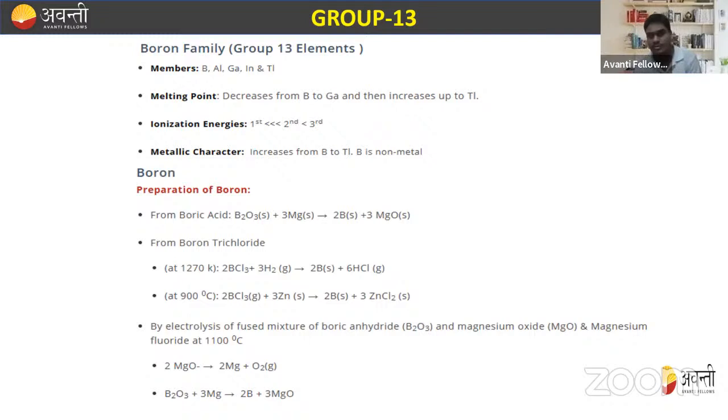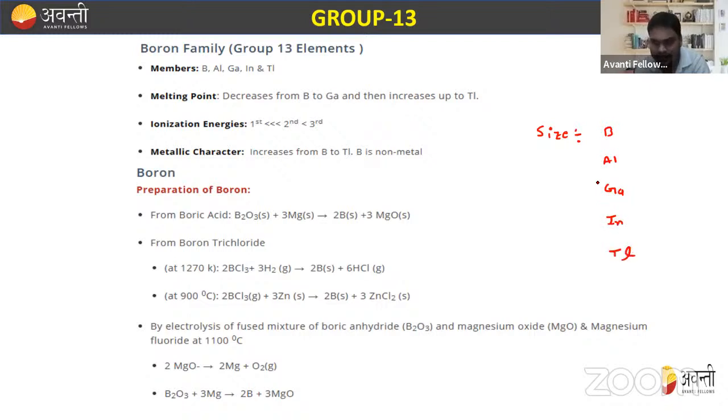If I'm talking about size, we know that in any group of the periodic table, when you move from top to bottom, size definitely increases due to the increase in the number of shells. So the expected order is boron, aluminum, gallium, indium, and thallium.